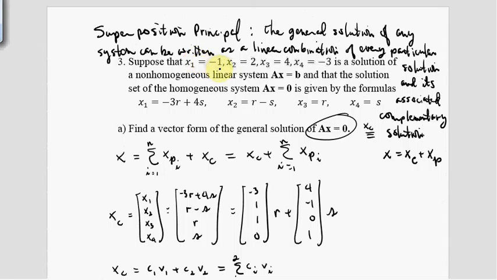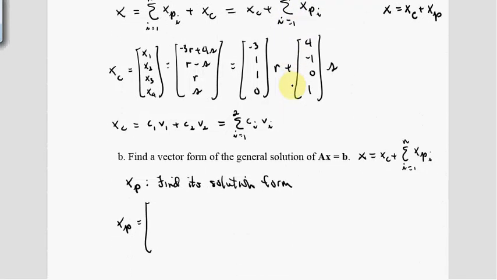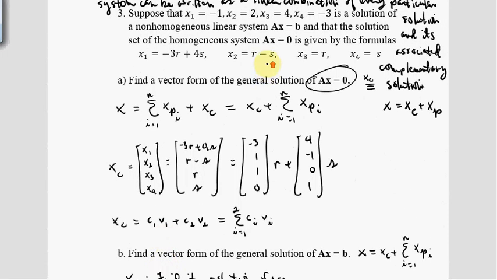Suppose that x sub 1 is equal to negative 1, x sub 2 is equal to 2, x sub 3 is equal to 4, x sub 4 is equal to negative 3, is a solution of a non-homogeneous linear system, AX equal to B. So that's just one particular solution. So we write negative 1, 2, 4, and negative 3. I think I got those right. Yes.